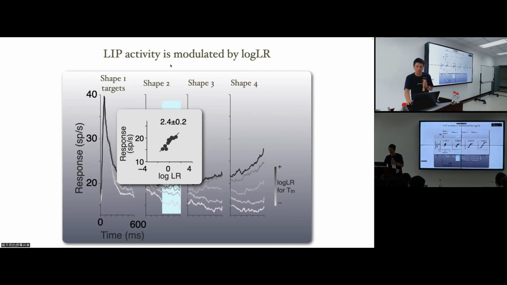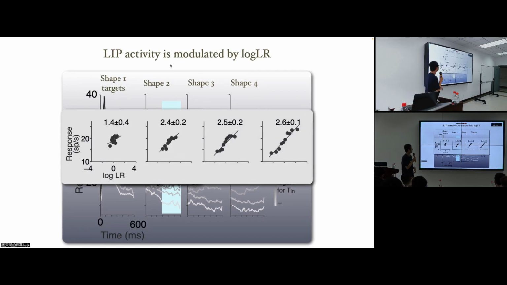And we can do this for all 4 epochs. In the first epoch, again, because of the initial huge transient response, this response versus evidence relationship is not as nice. But if we look at the rest of the 3 epochs, here there are only 2 shapes, here there are 4 shapes.